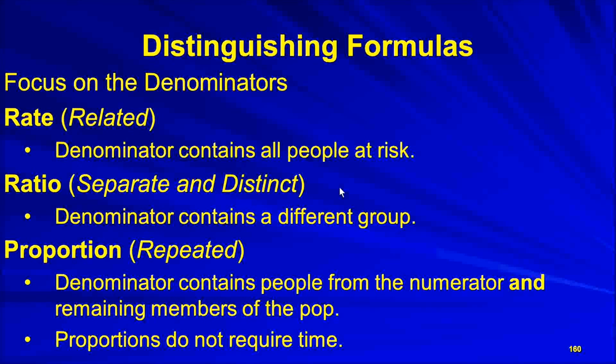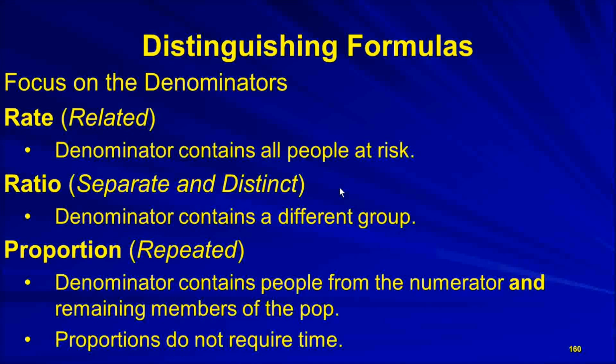Proportions do not require time. Okay. A rate always requires time, but I'll make that differentiation here too as we go along. So hopefully you understand that you want to learn the key operative terms: related, separated and distinct, and repeated, and know what those terms mean and know them well. Okay?